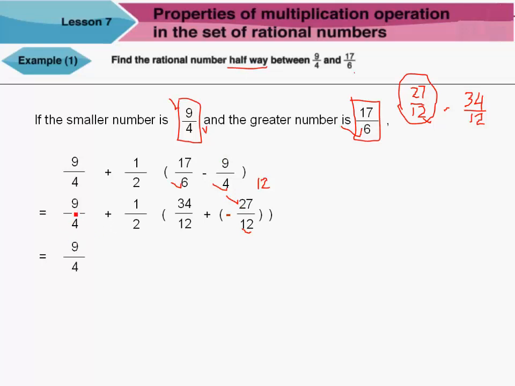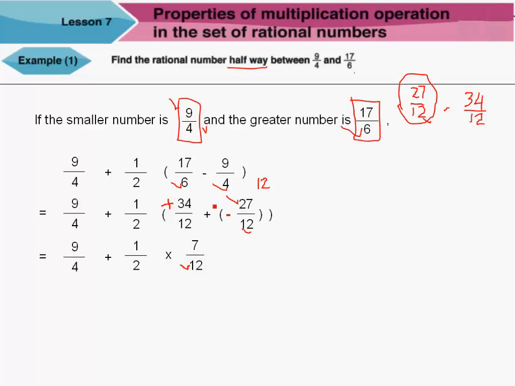This will be equal 9/4 plus half. We have 12 as the denominator. And what about the numerator? Both have different signs. Here is positive and here is negative. So we have to subtract the two numbers and take the sign of the biggest one.